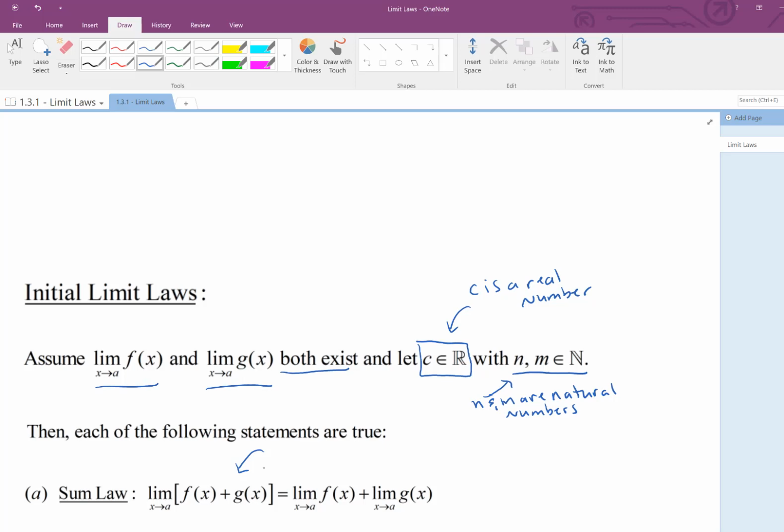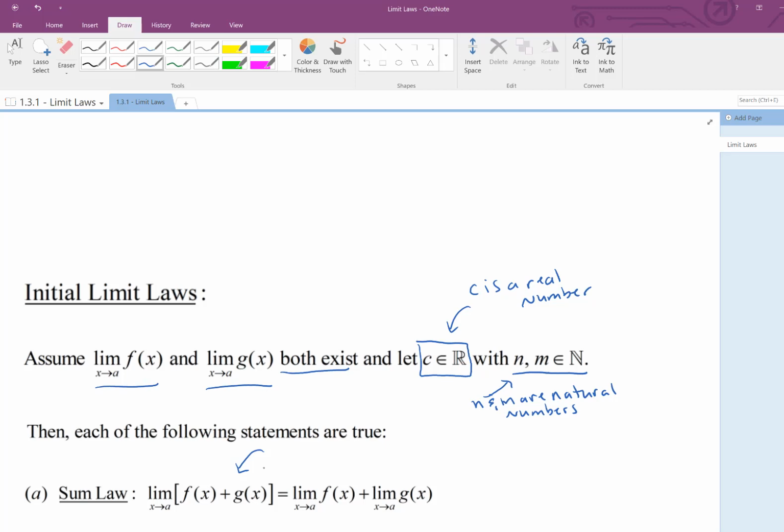Even though we're not going to prove these statements in this video, and those proofs, by the way, entail something called epsilon-delta proofs, they can be proven. You can be assured these are all true. We're going to assume they're all true because we can prove them.